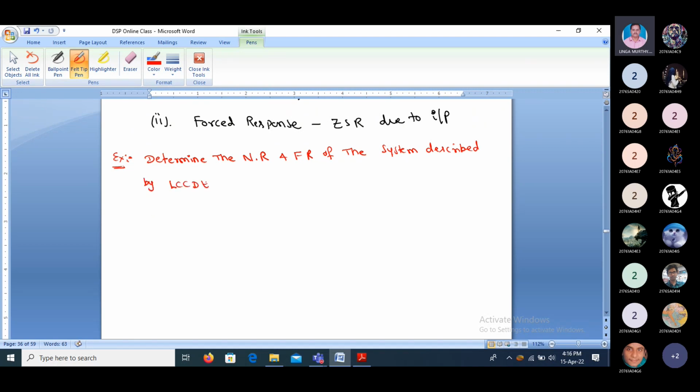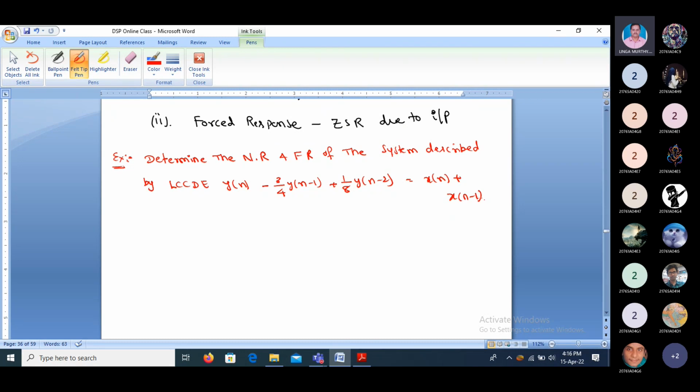Determine the natural response (NR) and forced response of the system described by the difference equation or LCCDE: y of n minus 3 by 4 into y of n minus 1 plus 1 by 8 into y of n minus 2 is equal to x of n plus x of n minus 1.